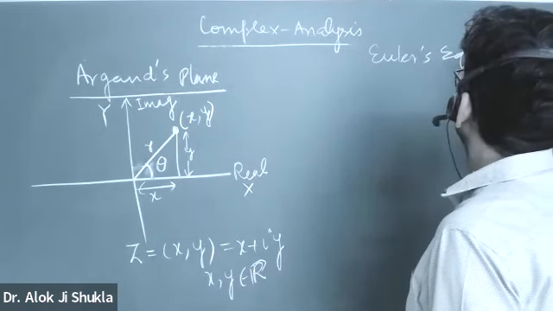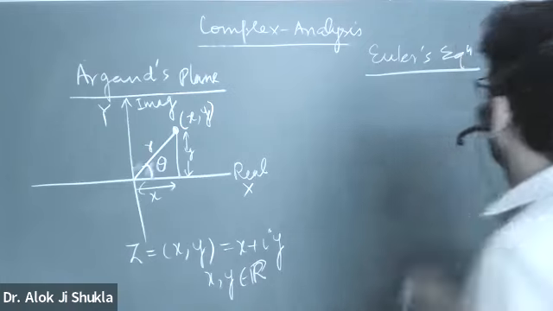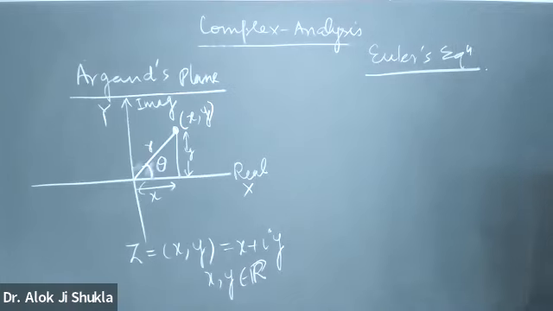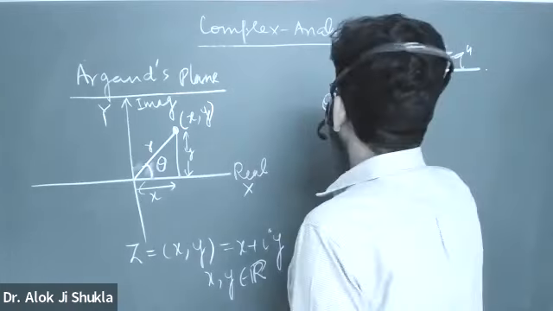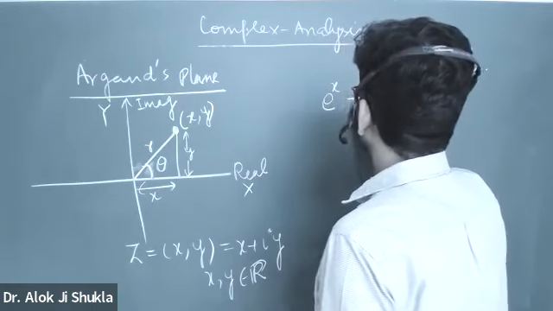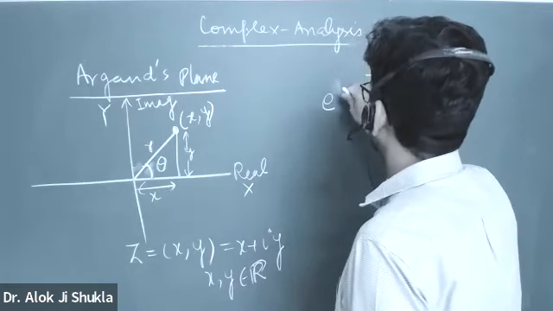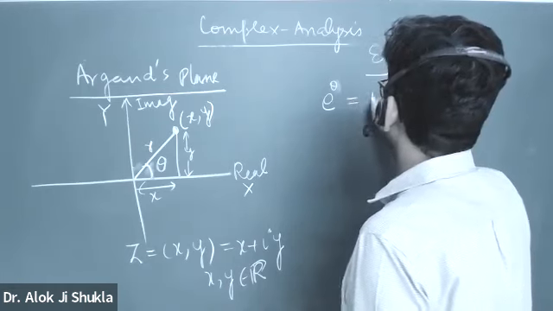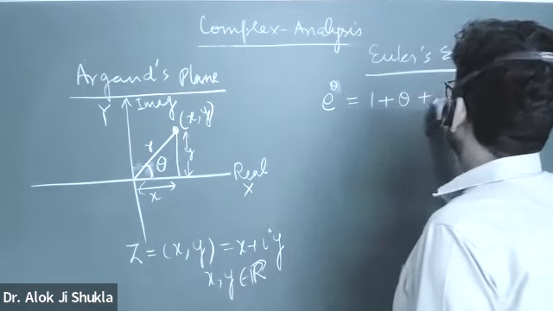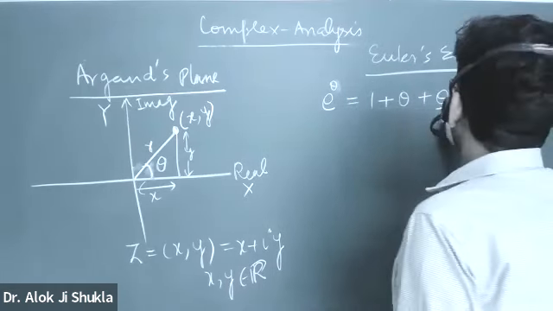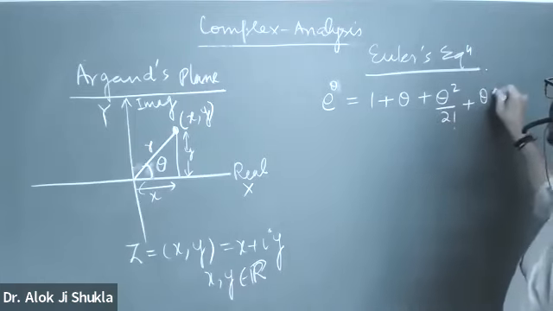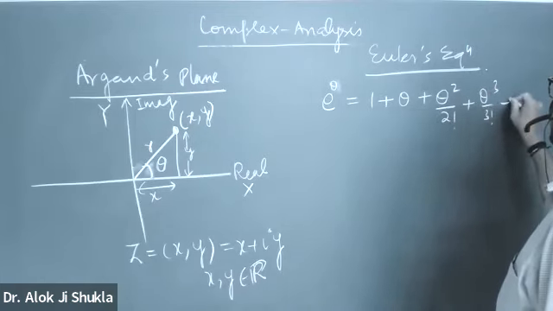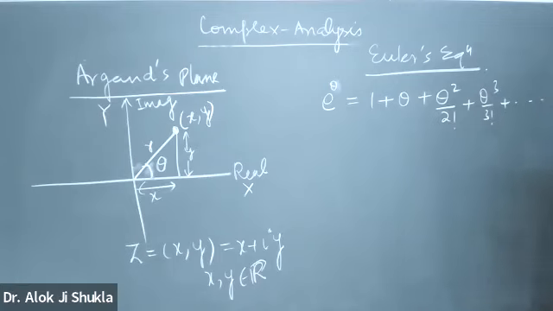Euler's equation. So we know that e to the power theta is 1 plus theta plus theta square by 2 factorial plus theta cube by 3 factorial plus dash dash dash.